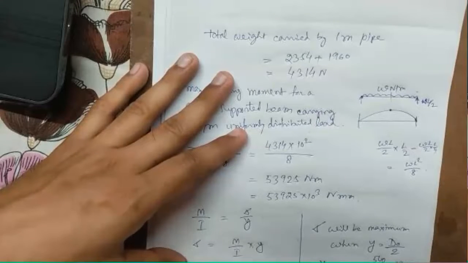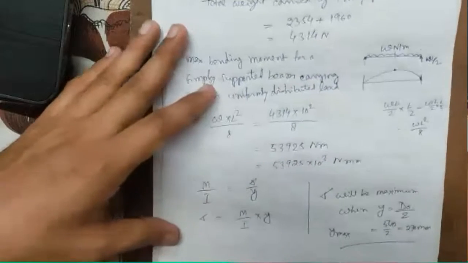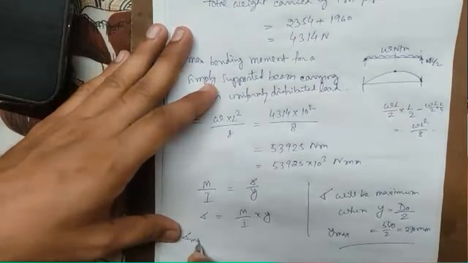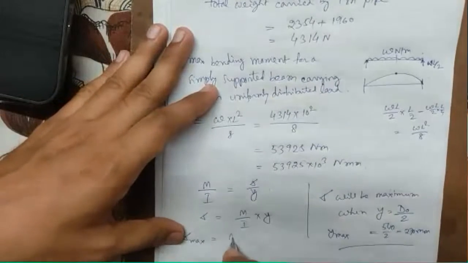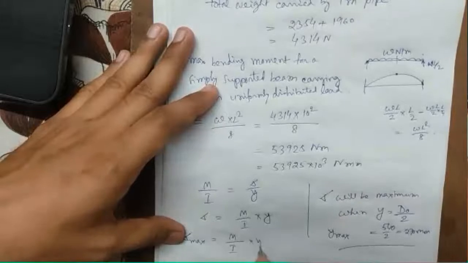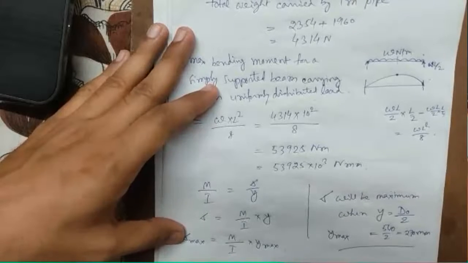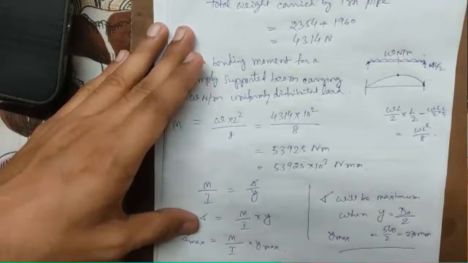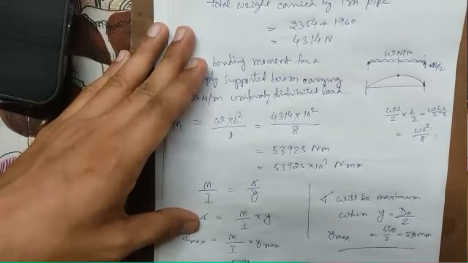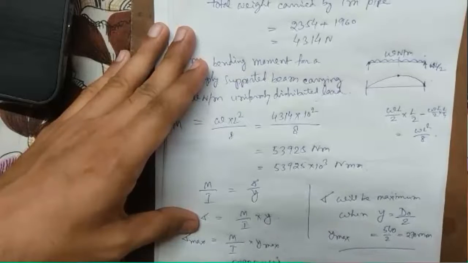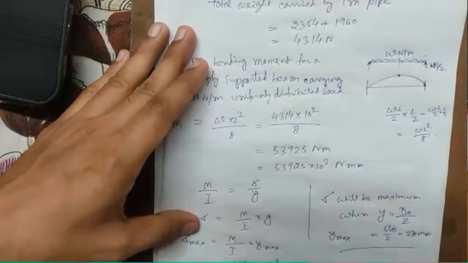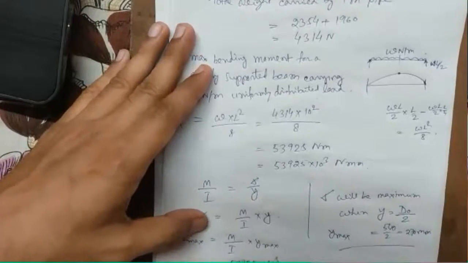Okay. Now we can write maximum stress can be found using this formula, where we put the M value, 53925 into 10 cube, divided by I. We have found it earlier. Sorry, not this one.